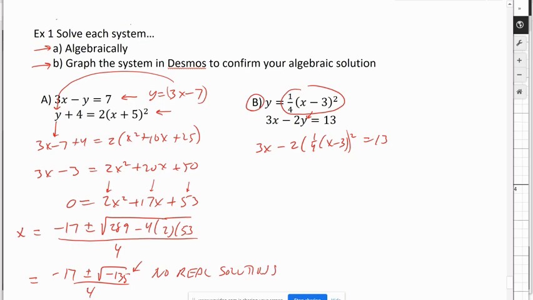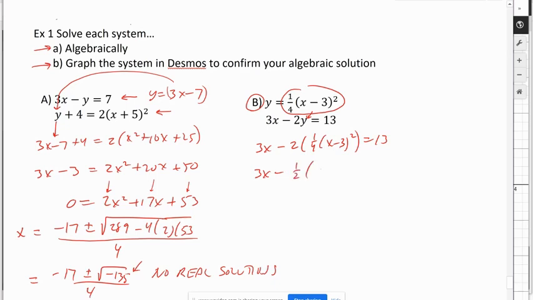And so now I have 3x minus 2 times, let's see, this where it is here. And so that's 1/4 times, or we can do the 2 times the 1/4, and then that would be 1/2.